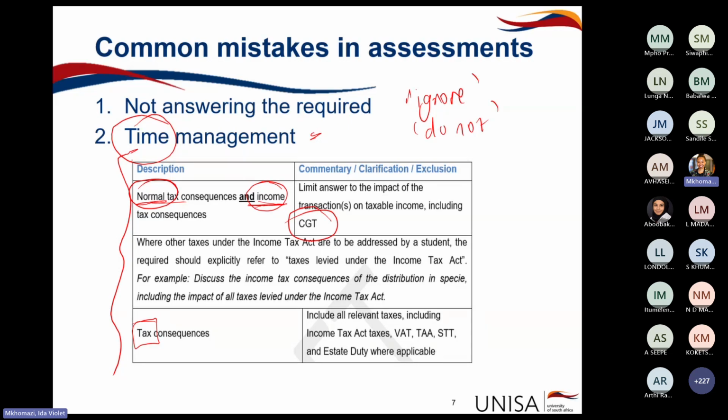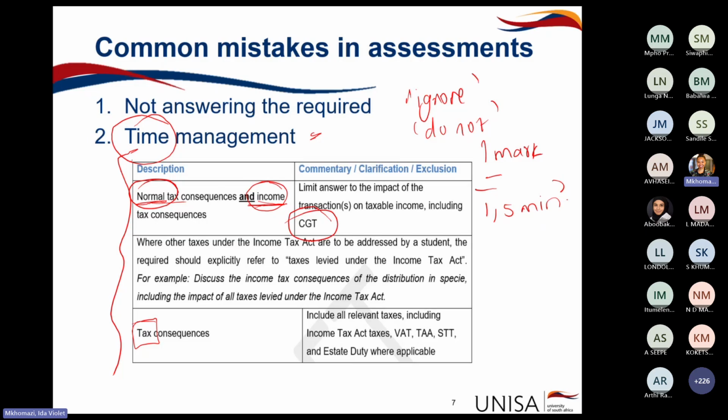And by the time you know it, writing time is over and you didn't attempt other parts of the paper. So we usually tell students that 1 mark is equal to 1.5 minutes. Since your tests are 40 marks, you have 60 minutes of writing time.